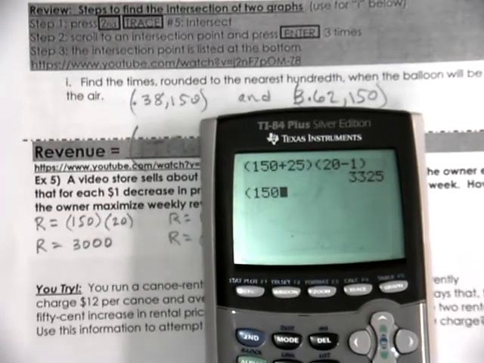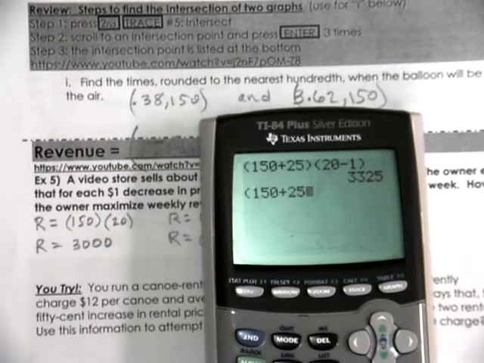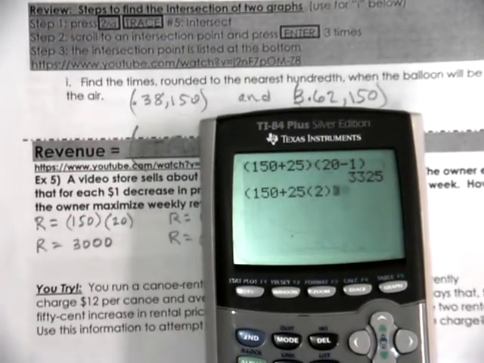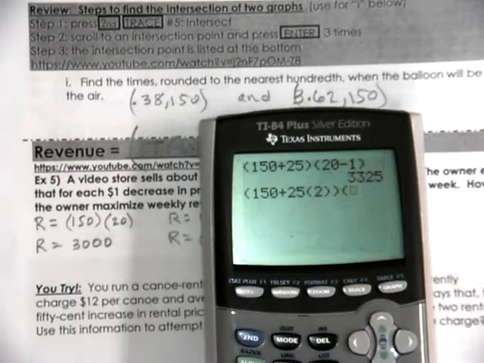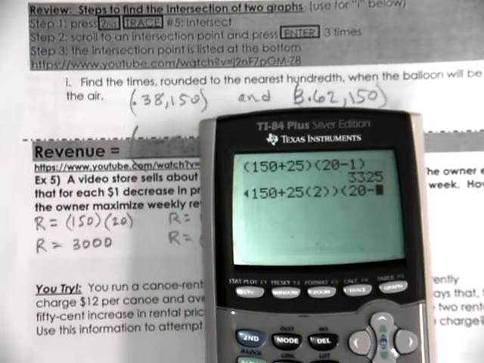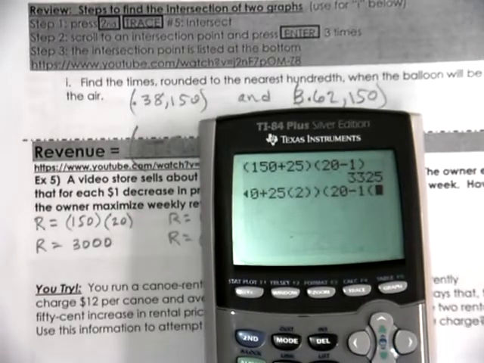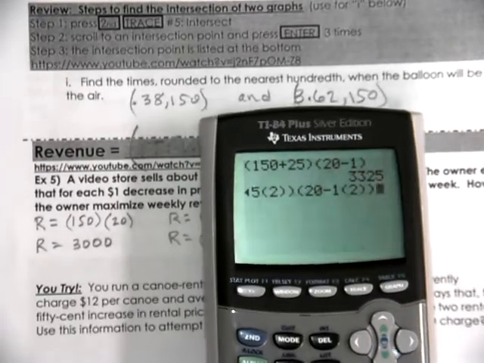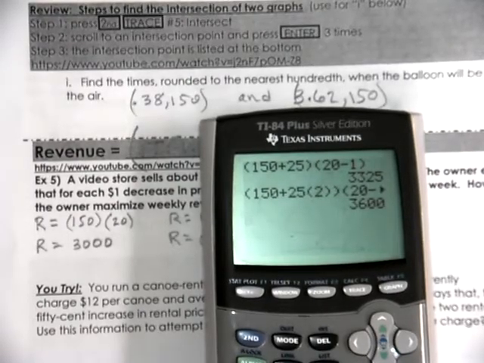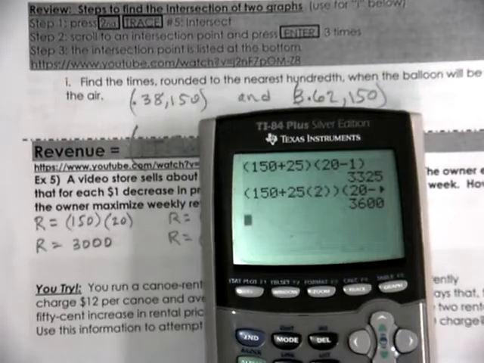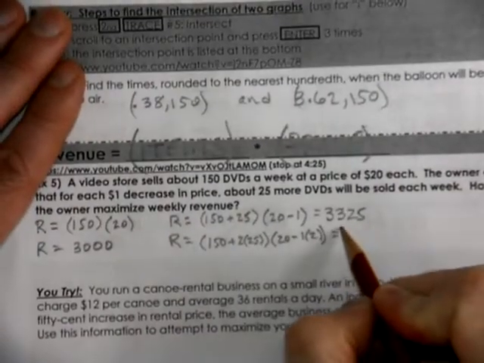So we're going to take our 150, we're going to add $25 a second time, and we're going to take our $20 and subtract $1 a second time. So now we're going to make even more money, $3,600. This is a great idea.